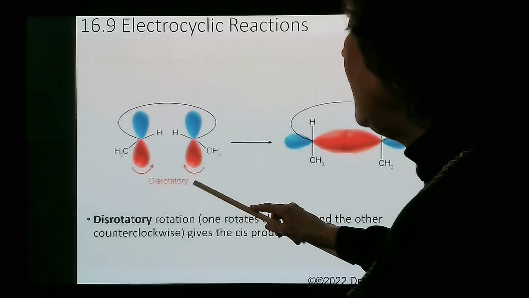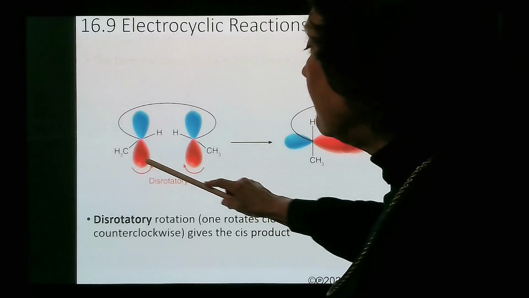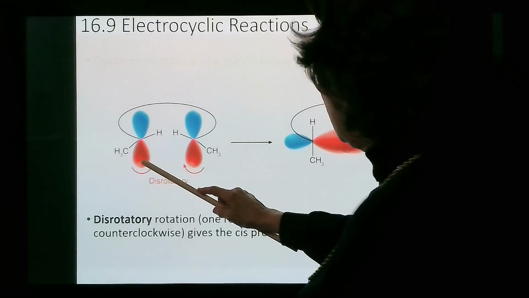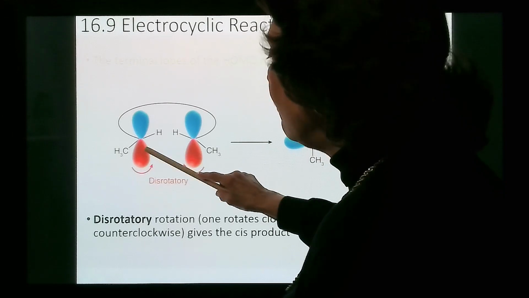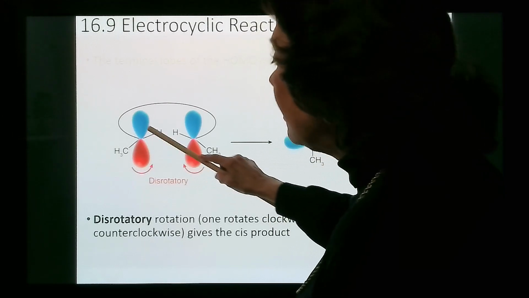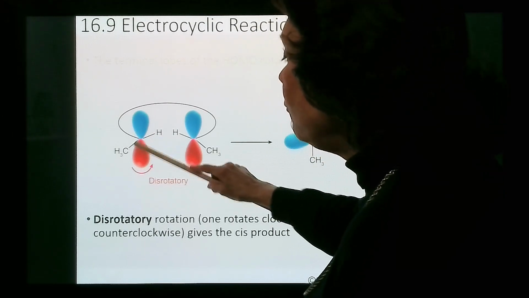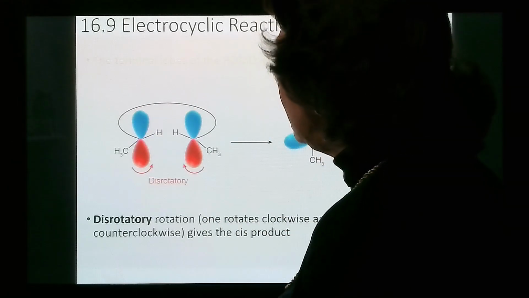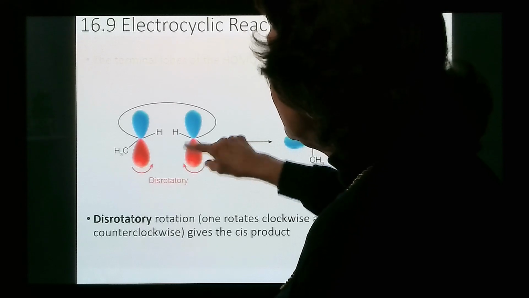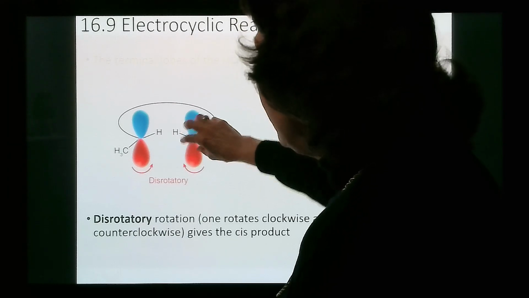So here's the disrotatory. You can see when the two bottom red lobes overlap, this carbon is going to have to rotate counterclockwise, and this carbon will rotate clockwise.